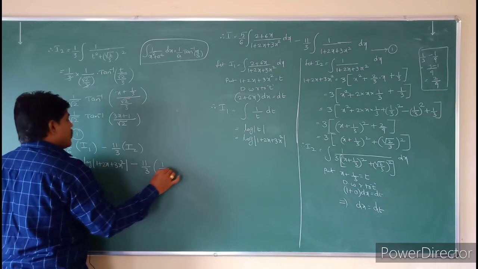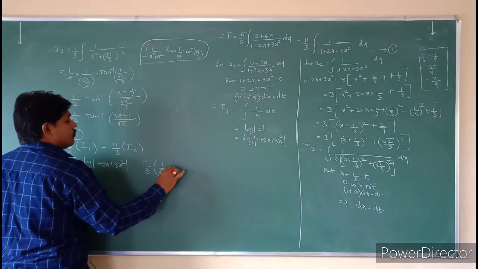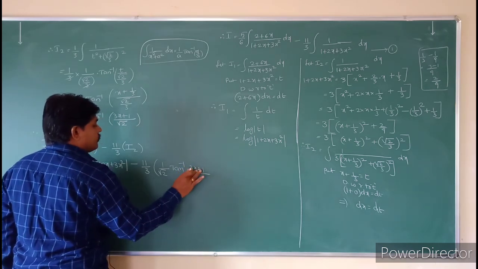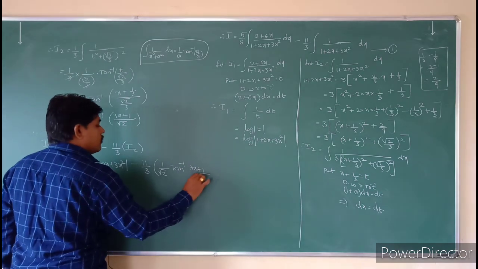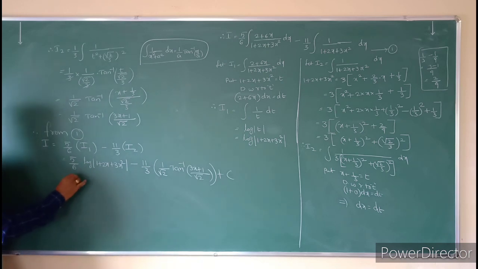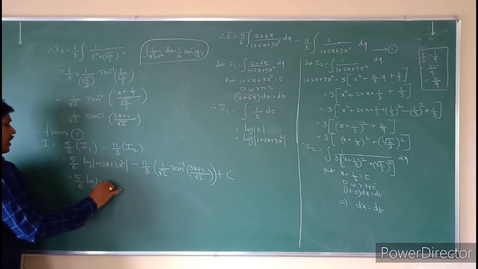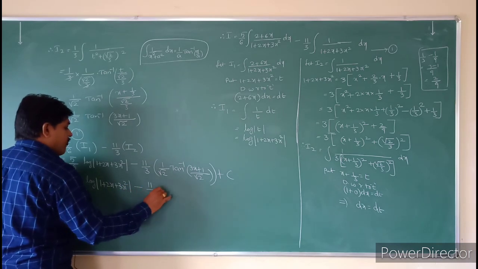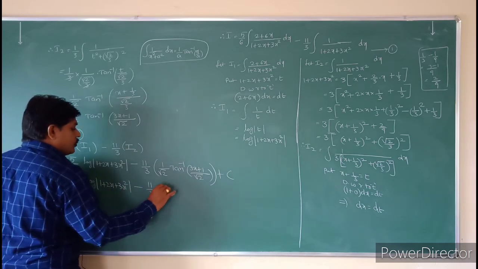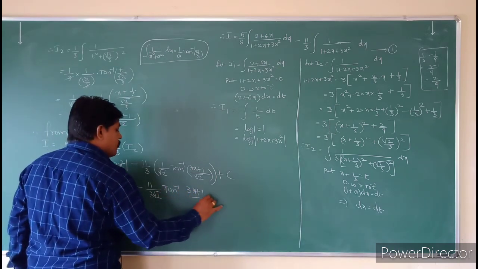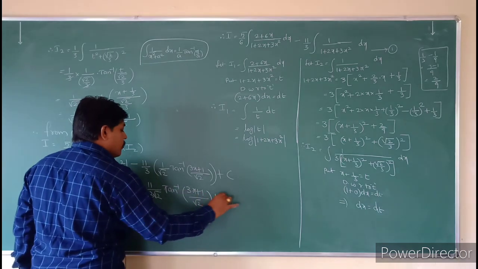This value is nothing but 1 by root 2 into tan inverse of 3x plus 1 by root 2 plus c. So the final answer is 5 by 6 log mod 1 plus 2x plus 3x square minus 11 by 3 root 2 into tan inverse of 3x plus 1 by root 2 plus c.